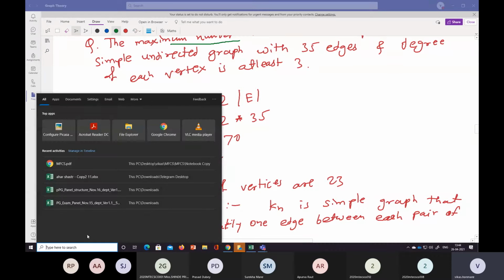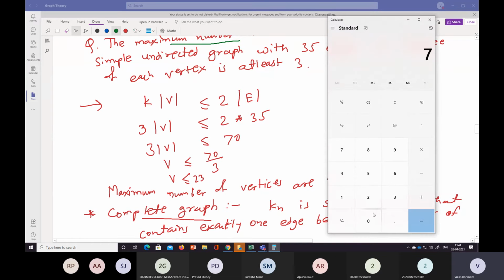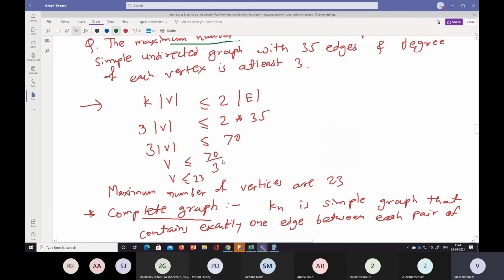So we'll see what the answer is. 70 by 3 is 23.33. Since the vertex count can never be a fraction, we take the previous largest value.